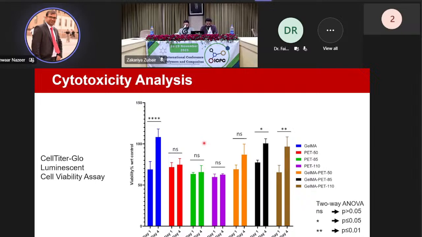So they are adherent cells. But in case of 50 GSM composite, we observed an increase in the number of cells on day 4, but this increase wasn't significant. When we moved on to the 85 GSM, we observed a significant increase in the number of cells on day 4.